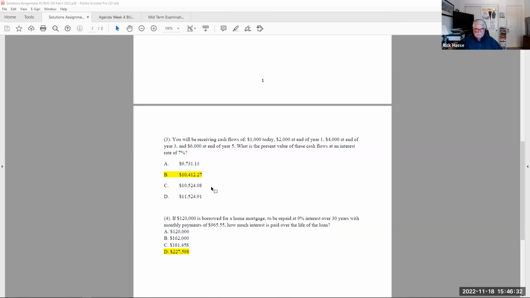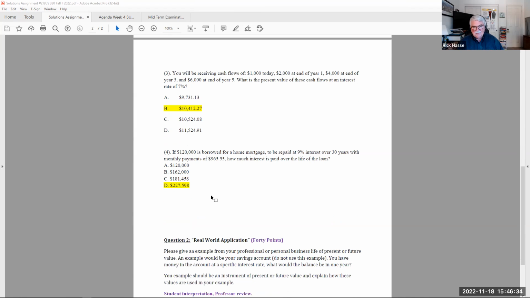And then finally, if I had $120,000 being borrowed for a home mortgage at 9% over 30 years with monthly payments of $965.55, how much interest is paid over the life of that loan? No need to calculate any interest or amortization schedules.